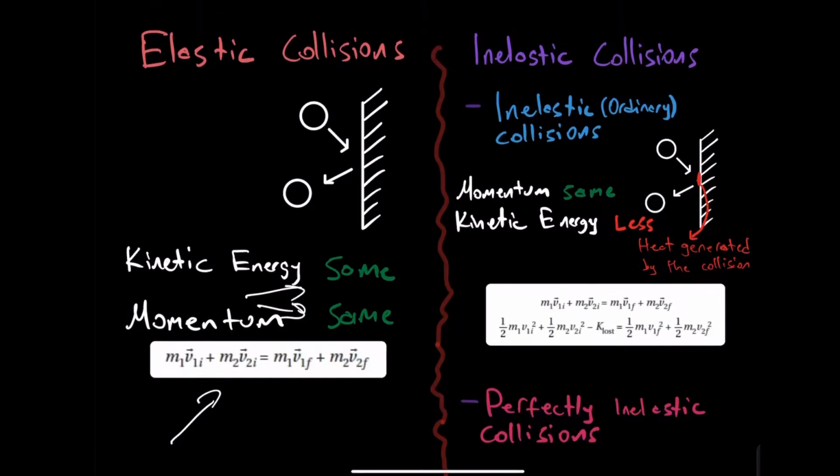In inelastic ordinary collisions, momentum is going to stay the same, but the kinetic energy is going to be less because we're going to lose some kinetic energy to create some heat, which happens because of the vibrations of the particles that are touching each other. So in the situation of an elastic collision, you can think of this as these two parts.